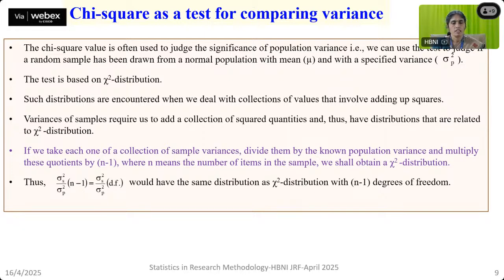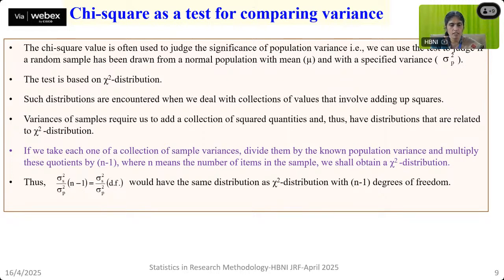Generally, the chi-square value is often used to judge the significance of variance in the population. That variance is nothing but the square of the standard deviation. What we do is take the ratio of the sample variance to the population variance and multiply it by the number of degrees of freedom. I repeat the process. You calculate the sample variance, which can be easily calculated.